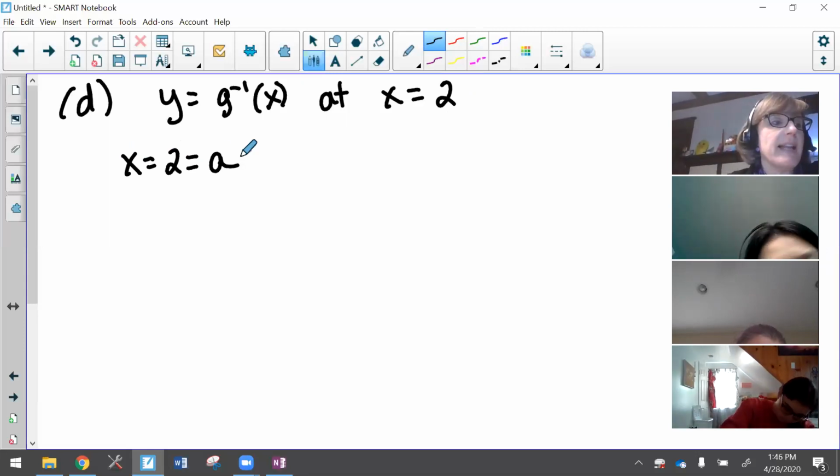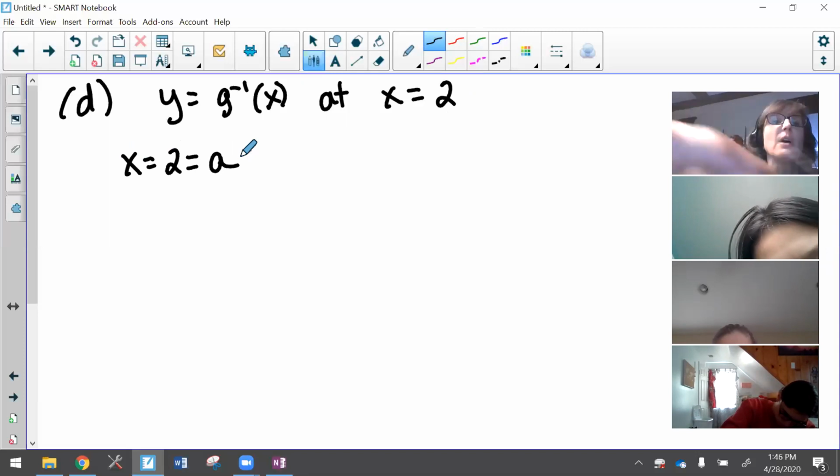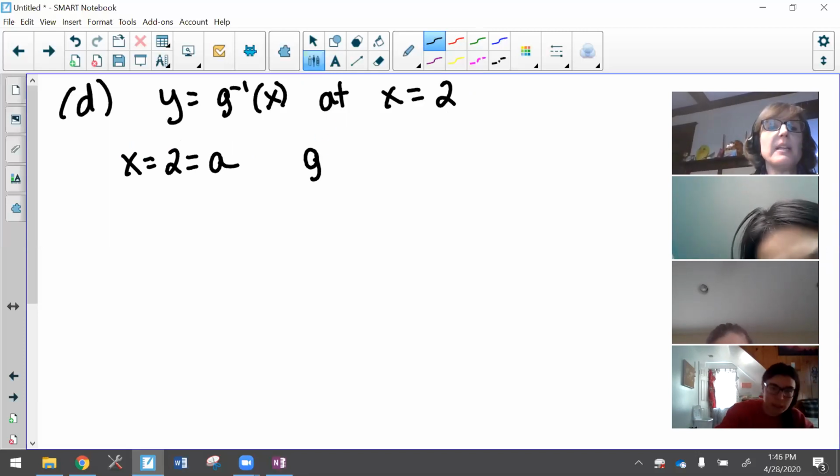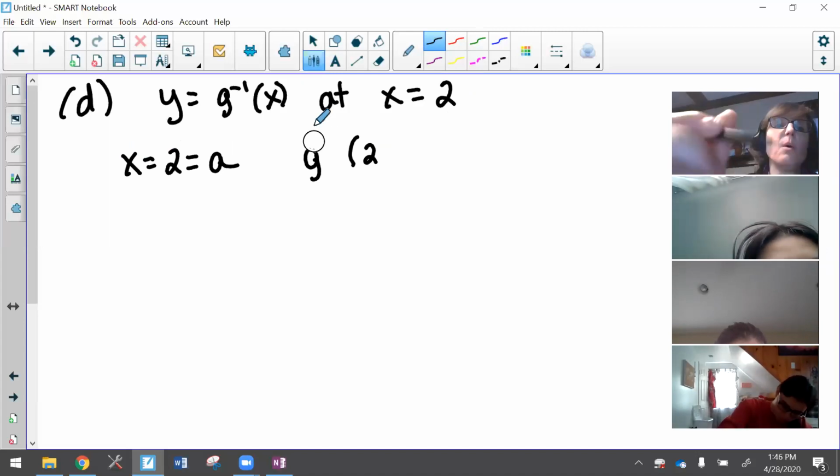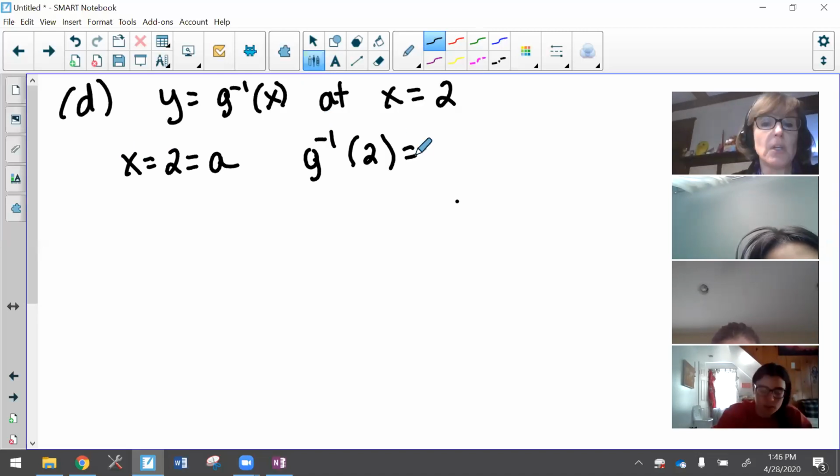I'm going to call that a. So what I'm going to want to figure out is what the g inverse of 2 is equal to, so that I have a point.